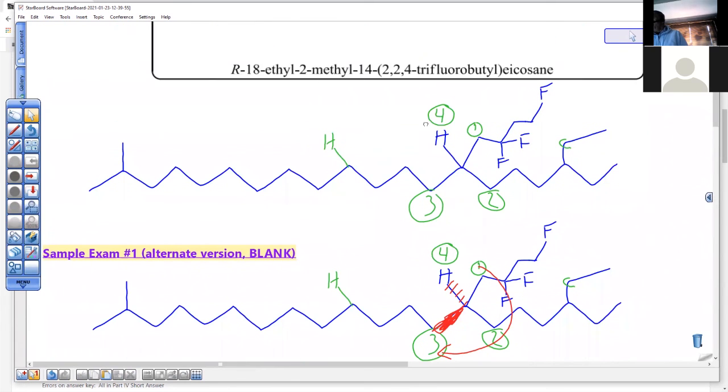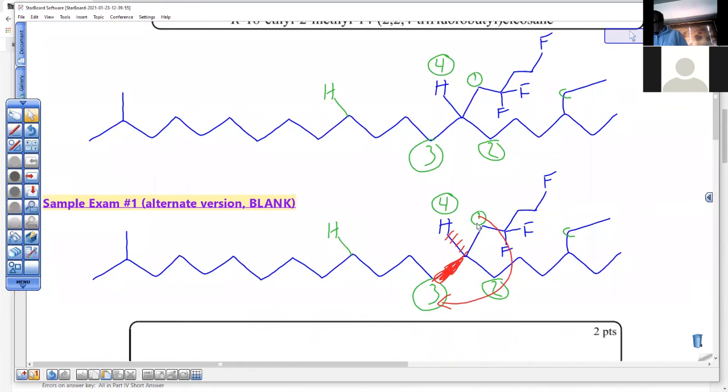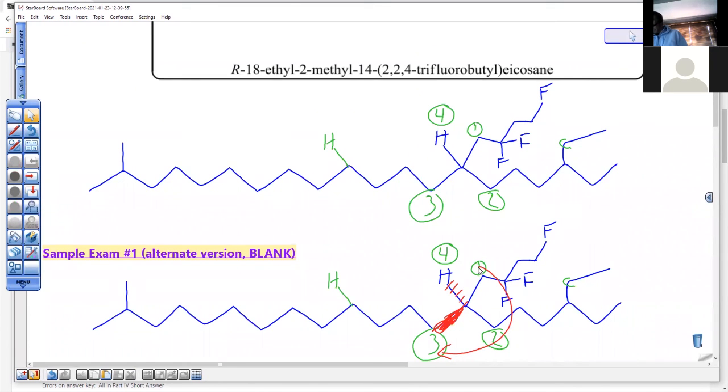Draw the bonds normal, connect the 1 and the 2 and the 3. If it matches the direction, clockwise means R if the 4 is on a dash. Counterclockwise means S if the 4 is on a dash. If it matches what the question has, put the 4 on a dash.